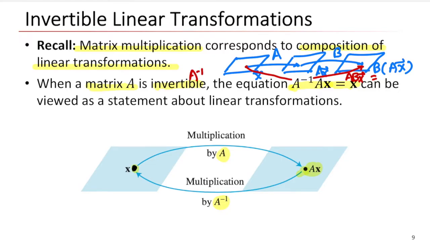Why? Because A inverse times AX, this is the identity matrix, so it will be the vector X itself. So it will go back to the original point. This is the concept of the invertible linear transformation.